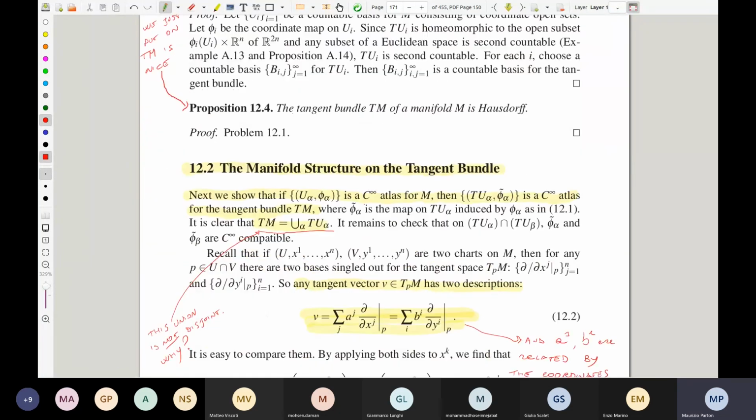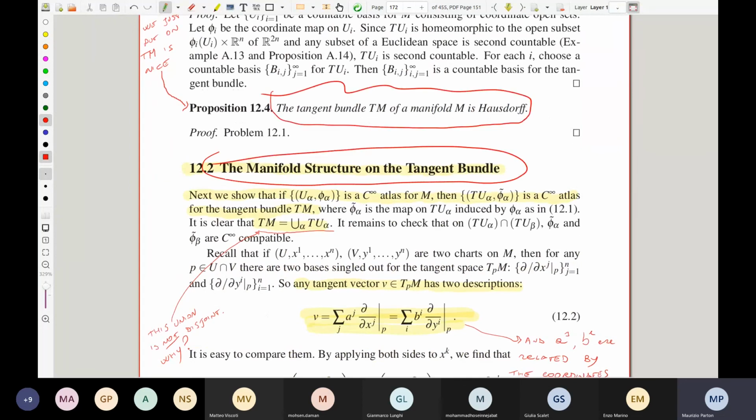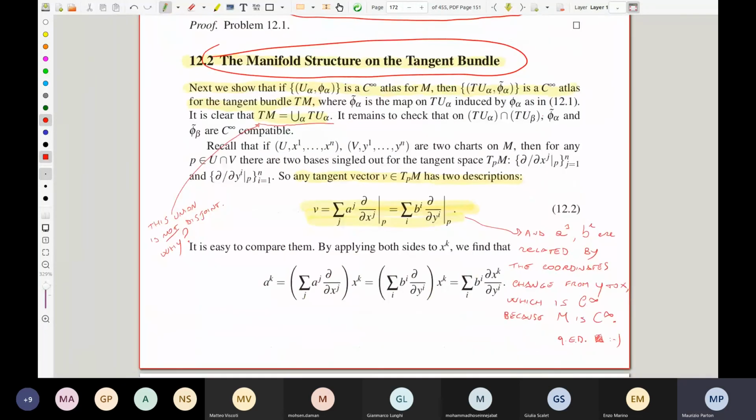Okay, here there are a lot of technical details I'm skipping, as you can see. Here there is the manifold structure. Here they are showing that the tangent bundle is Hausdorff, is a good topological space. So up to now, this is just a topological space, a topological manifold. And now they are giving the manifold structure.